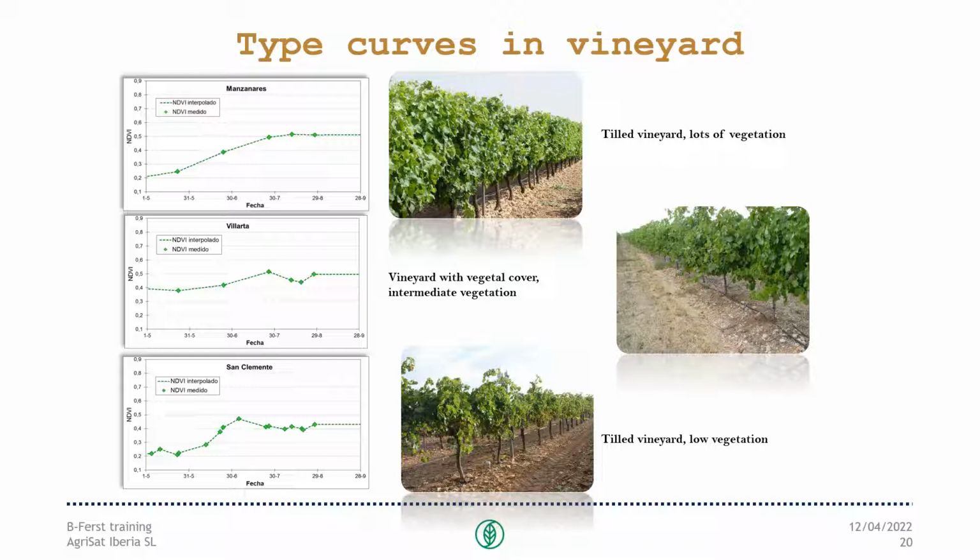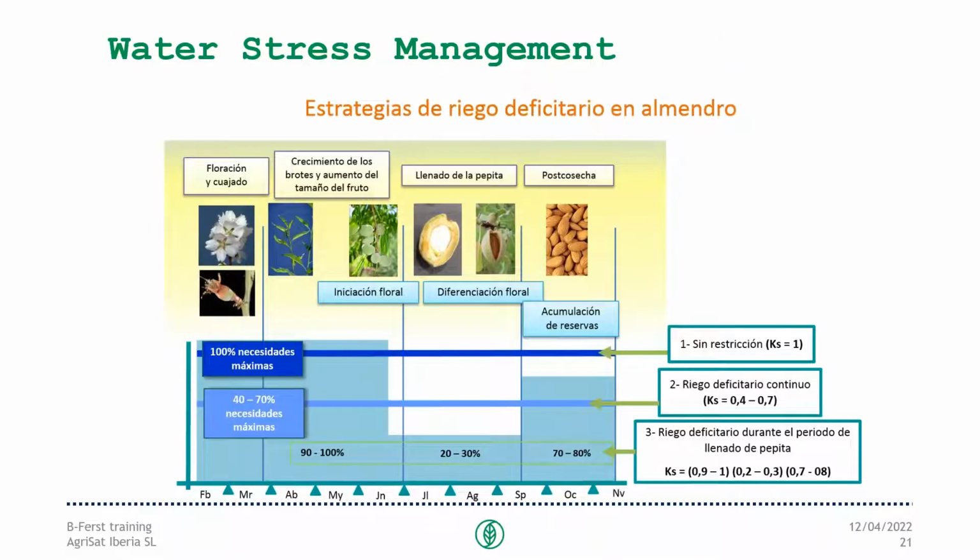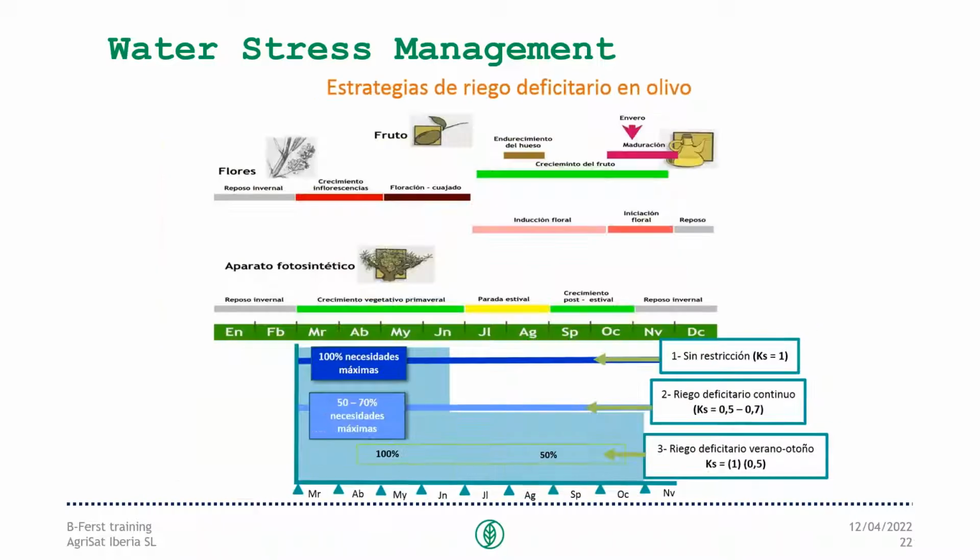Here are different types of binders. As in the case of binder, we can also define different stress management strategies, as in the case of the almond tree and also in the olive tree.